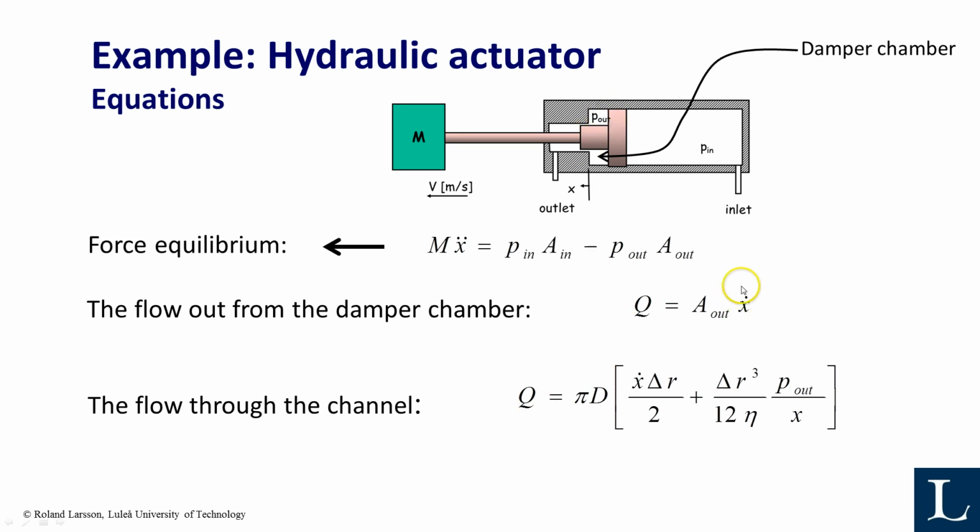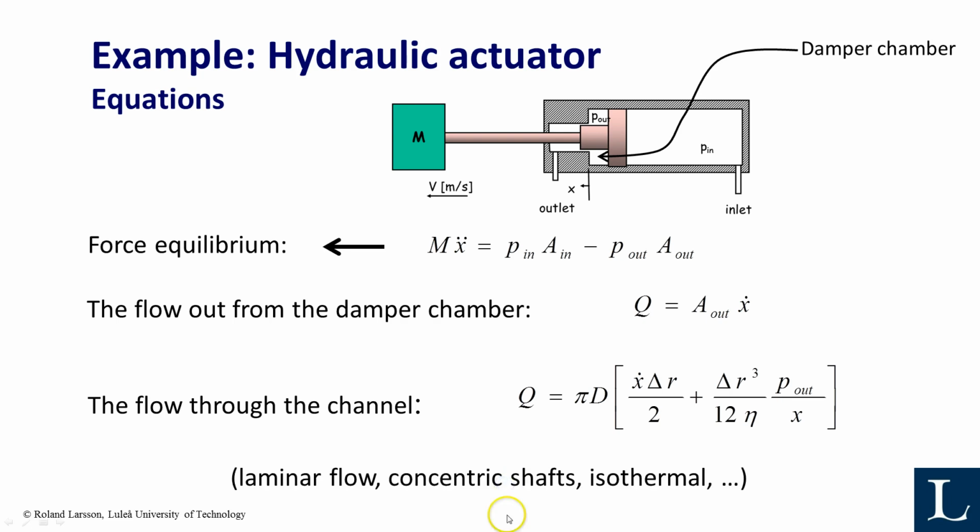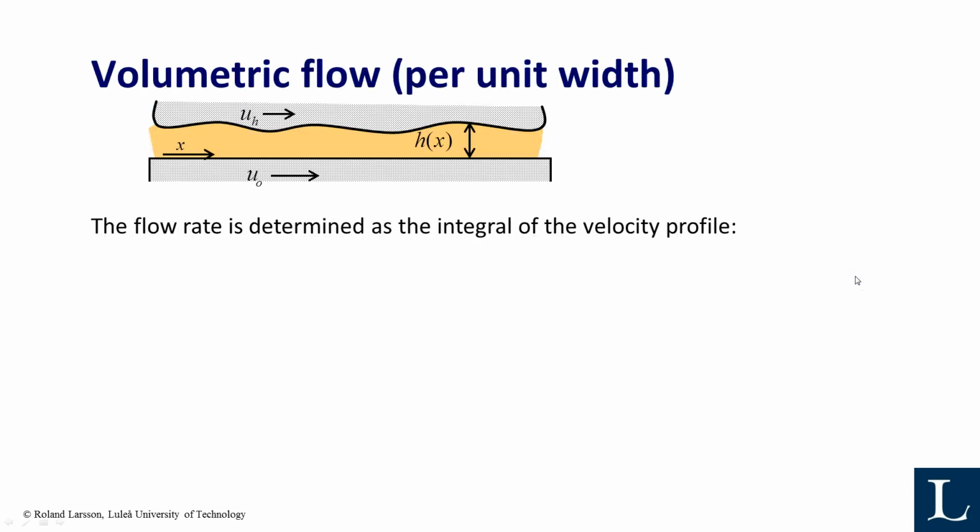So this is the flow out from the damper chamber, and this is the flow through the channel here. And these two flows must be equal, otherwise there will be some flow going somewhere else, into some funny place. Here we now assume that we have laminar flow, we assume that we have a concentric shaft here, we assume no increase of temperatures. So let's move on.